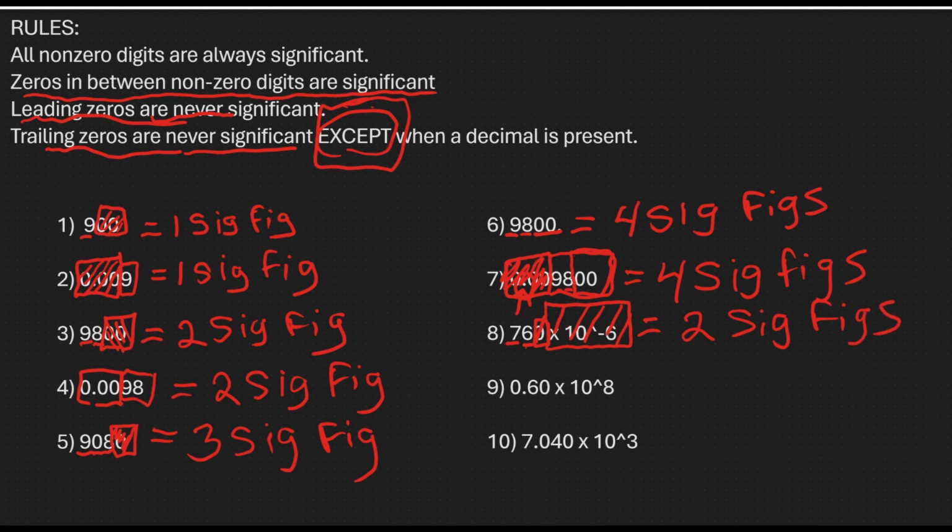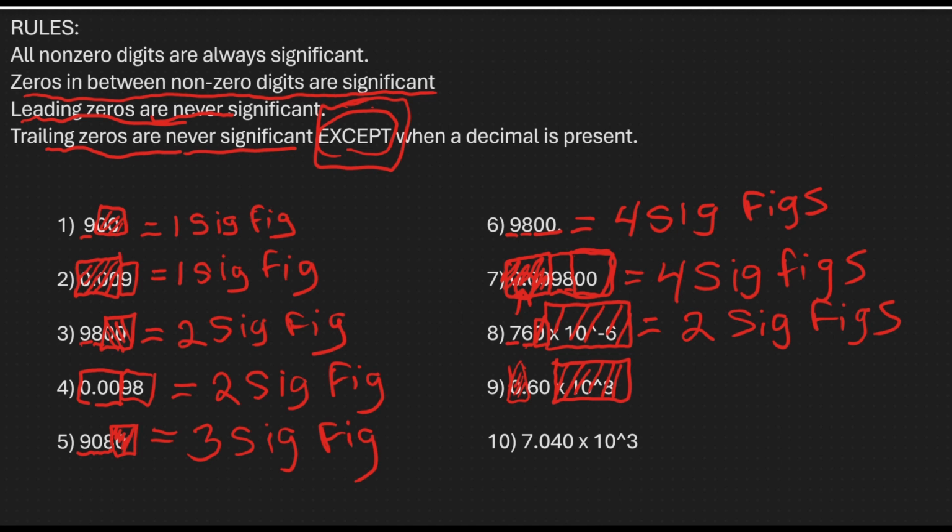Example number 9, we have another scientific notation number. We apply the trick. We ignore everything after the multiplication sign, and we focus solely on the numbers in front of the multiplication sign. And here we have 0.60. We know that leading zeros are not significant.